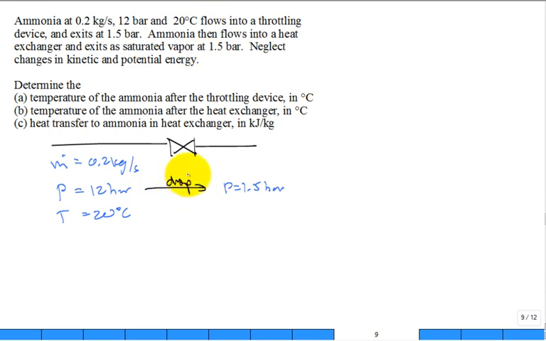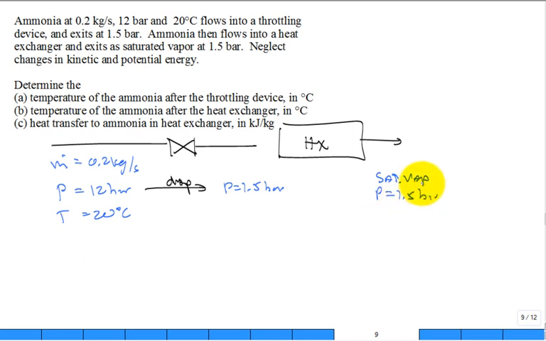A significant pressure drop. And then the ammonia flows into a heat exchanger and exits the heat exchanger as saturated vapor at a pressure of 1.5 bar. What happened to the pressure change through the heat exchanger?